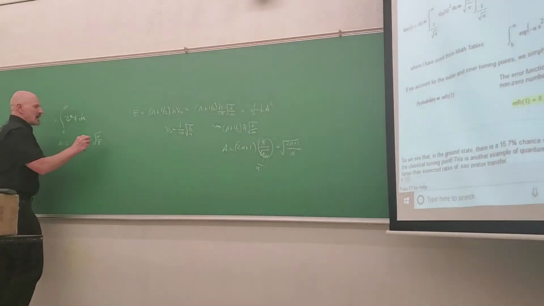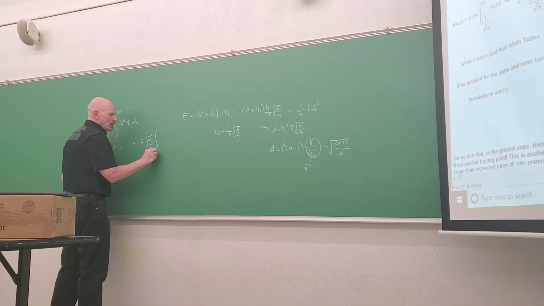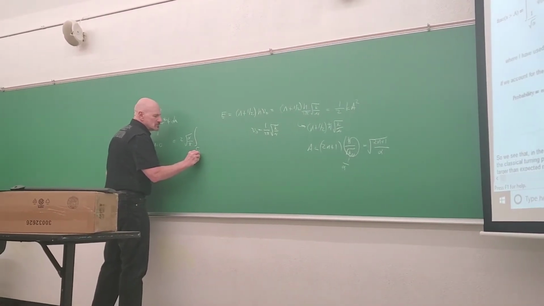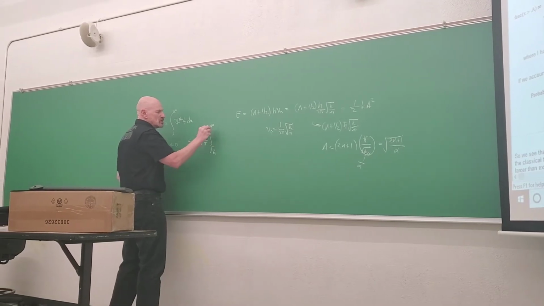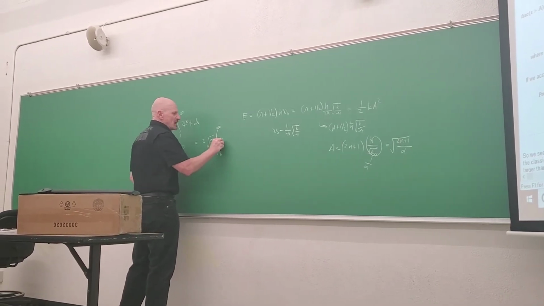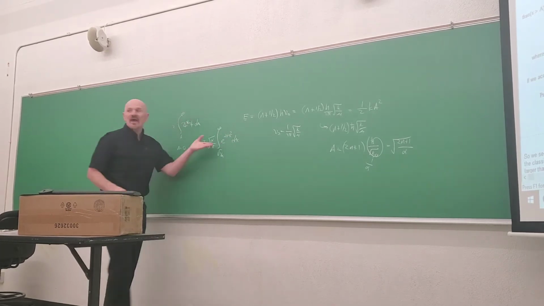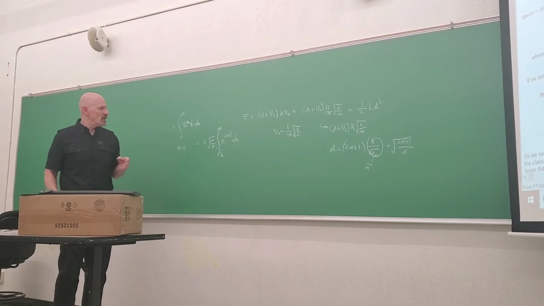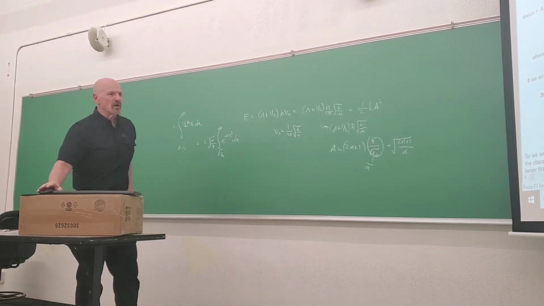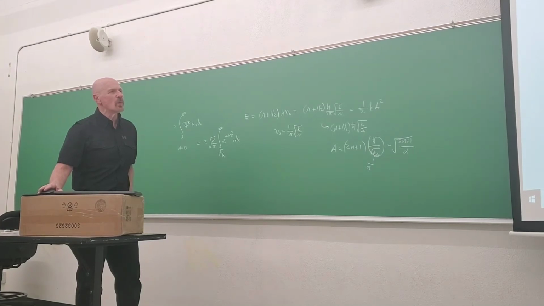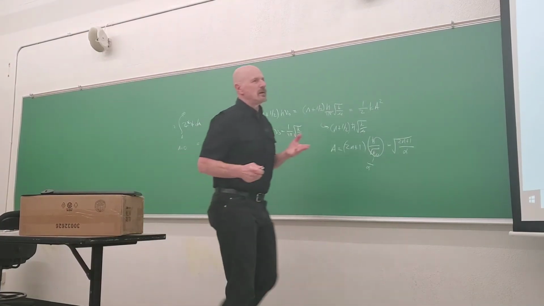Then we have the integral from, for the ground state, 1 over alpha square root to infinity of e to the minus alpha x squared dx. That is the ground state wave function. So we need to simply do that integral. From there, I will guide you to the handy integral table.